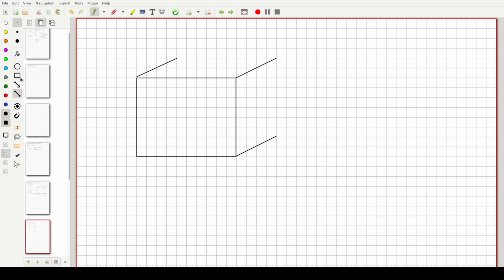Let me complete the back side there, just to be consistent. We're going to pretend that this is a true cube and that all the sides have the same length here.